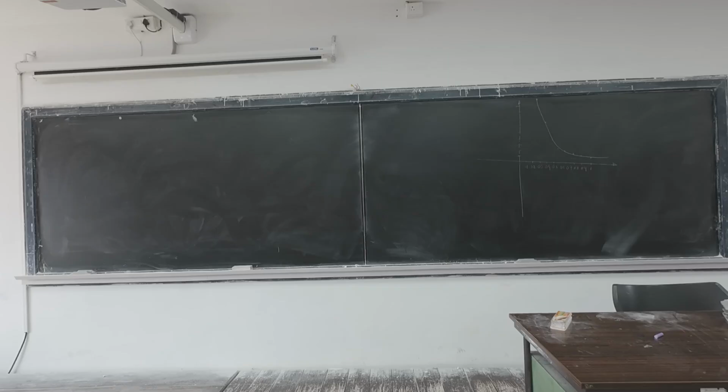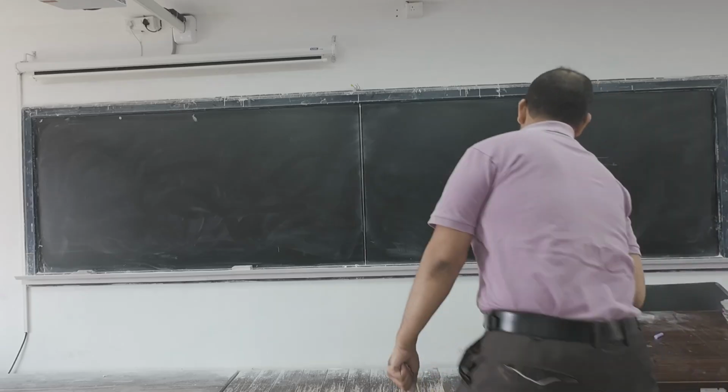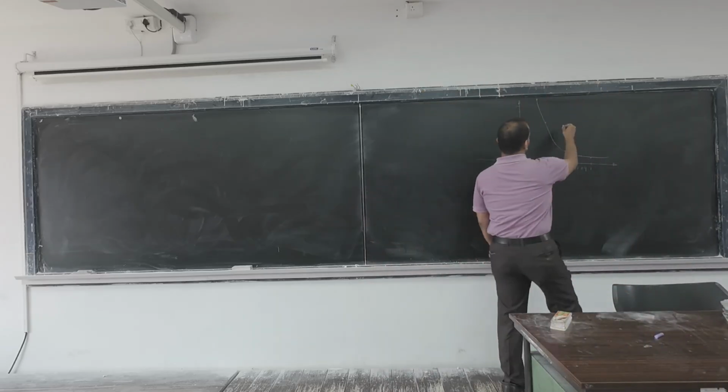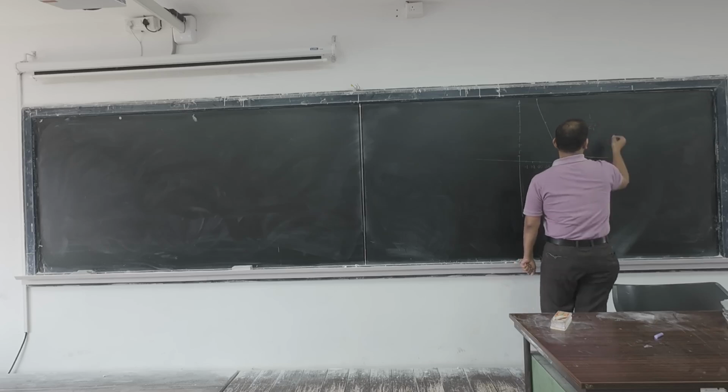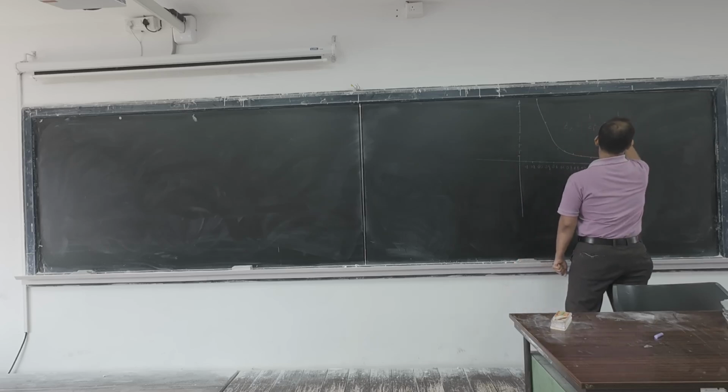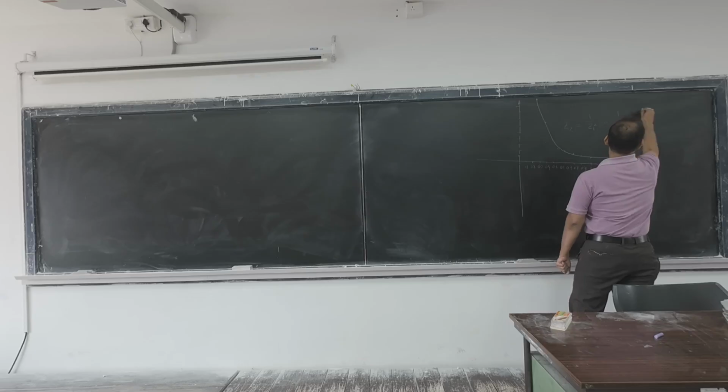He is going to share the graphs on our Rovers Control WhatsApp group. All of you please open and check. This is for Z2 equals 1 by Z1 square, and now I want you to check if it is 1 by Z1 cube, 1 by Z1 to the power 4, and so on.